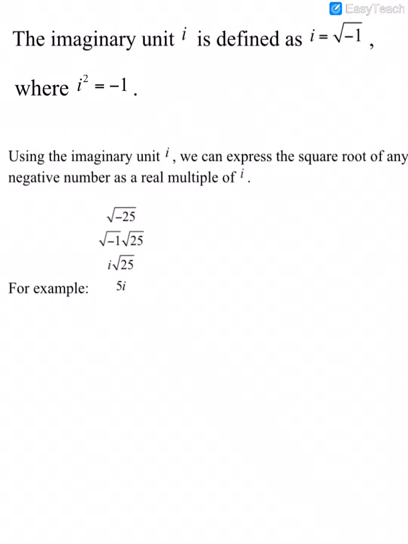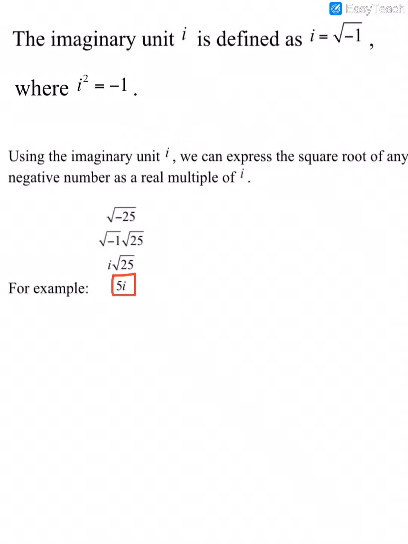Using the imaginary unit i, we can express the square root of any negative number as a real multiple of i. For example, if I have the square root of negative 25, I can split that up into the square root of negative 1 times the square root of 25. Then, using the definition, we can change the square root of negative 1 to i, and then we know that the square root of 25 is 5, and then we would just put the i after it to get our answer, which is 5i.